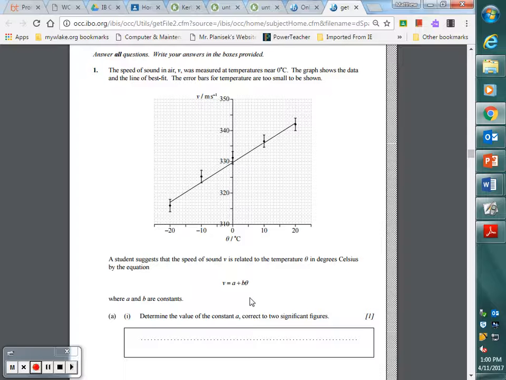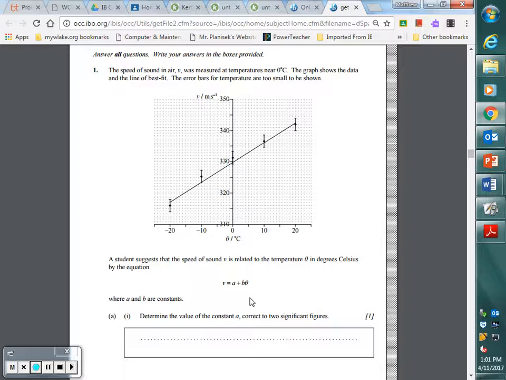But you can't write 329 because that's 3 significant figures, so I rounded mine to 330. It says the value, not the range. And it should have a unit because it's a real world measurement. The unit on a is meters per second, because that's what axis it's on. All right, good there?